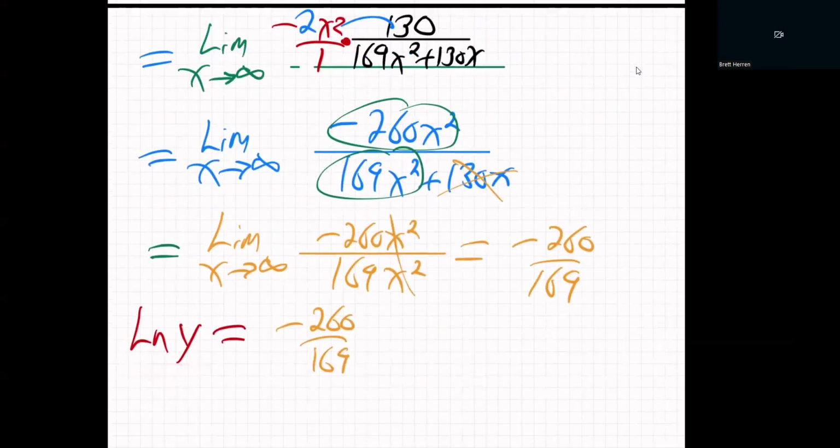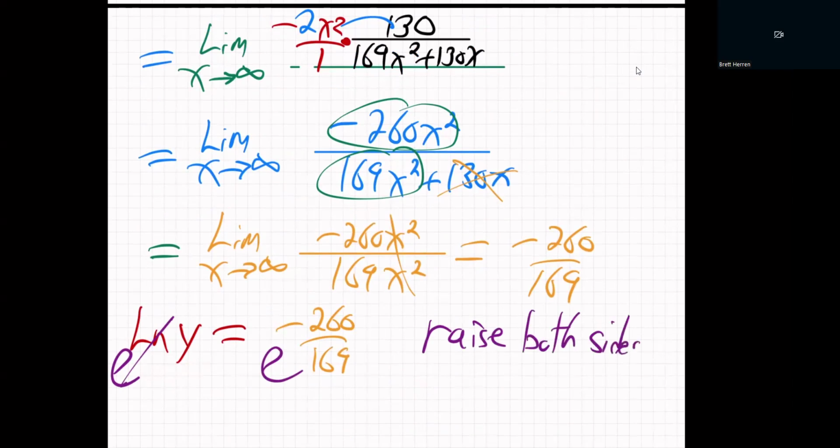So what do you do about that? You go e to this side and e to that side, and these cancel out. Remember, e and natural log are opposites. You do e to both sides.